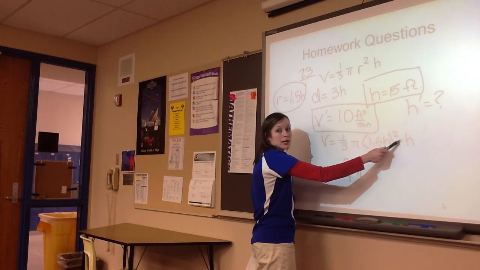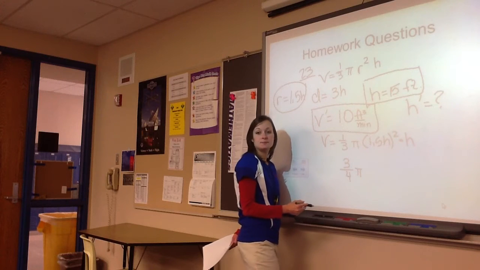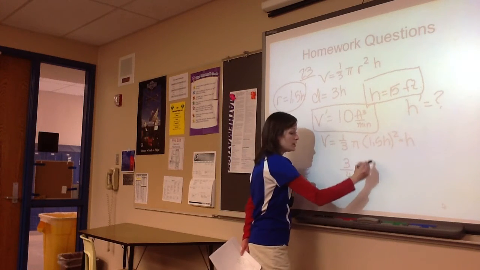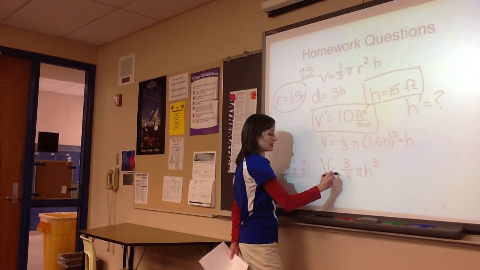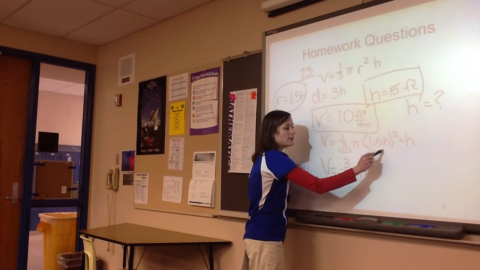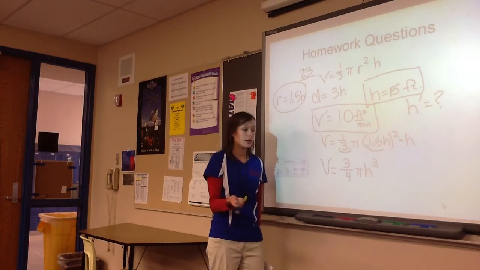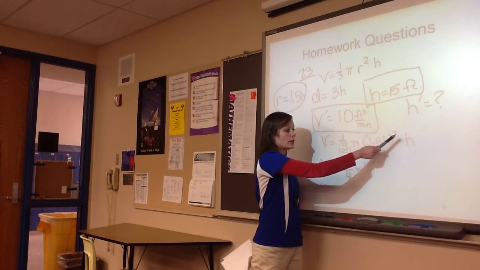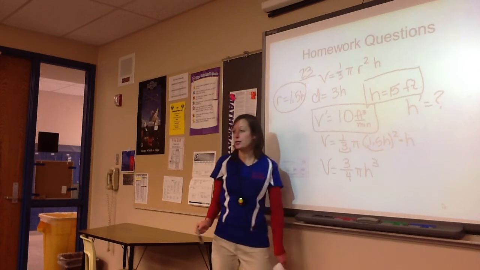H squared times H is what? Very good. So we simplified this problem by multiplying the 1/3 by the 1.5 squared. And that's how Shelby got 3/4. Then we took H squared times H and got H cubed.